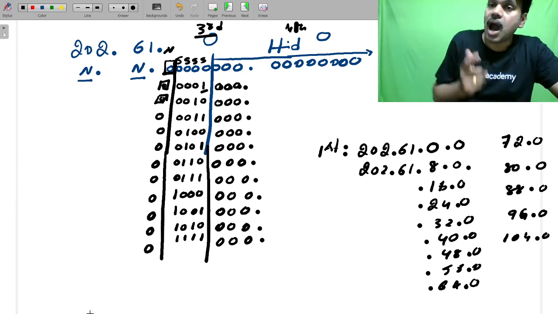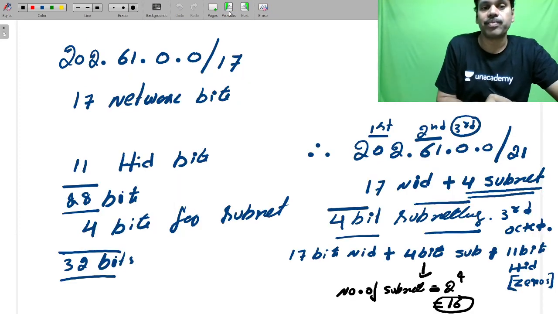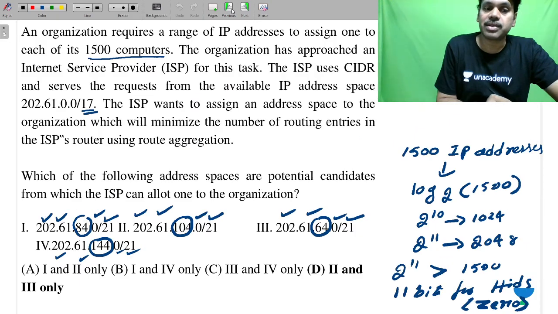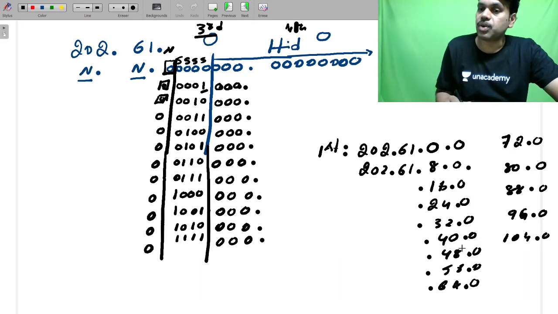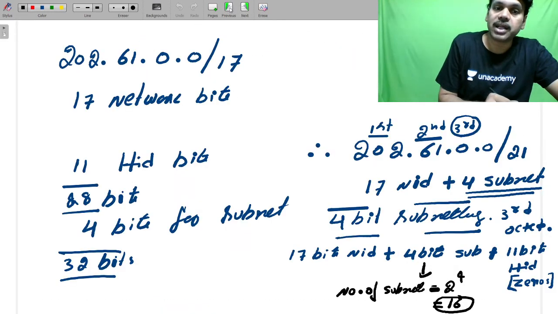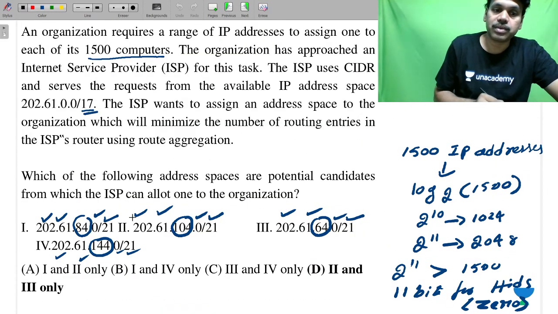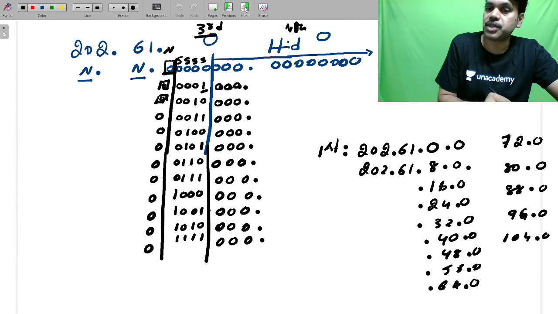Okay. Are the given answers in this list of subnets or not? Let us see. What are the given answers? 84, 104, 64, 144. 84 is not there. 104 is there, yes. So therefore, I can confirm 104. And 64 is also there.